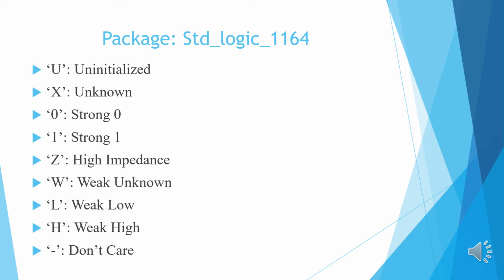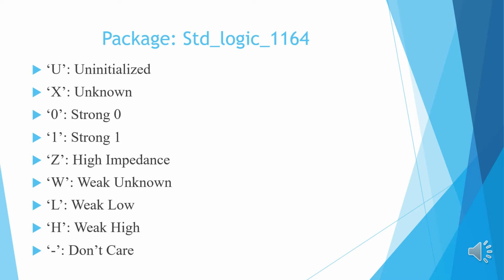But when we define our input or output as a standard logic, then it has 9 different values. It starts with U. U stands for uninitialized, X is unknown, 0 is strong 0, 1 is strong 1, Z represents high impedance, W is weak unknown, L is weak low.